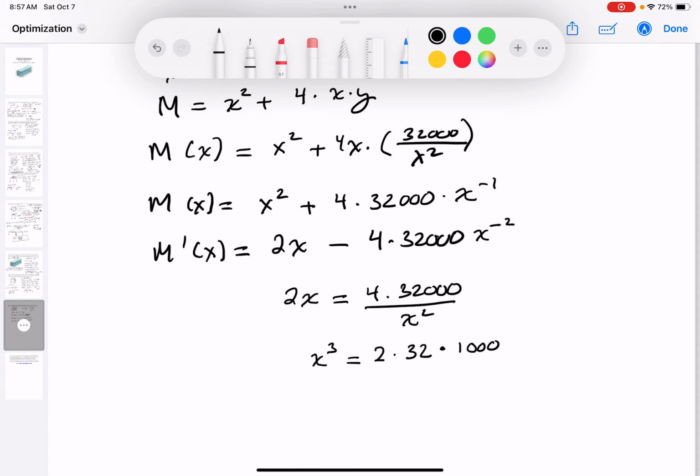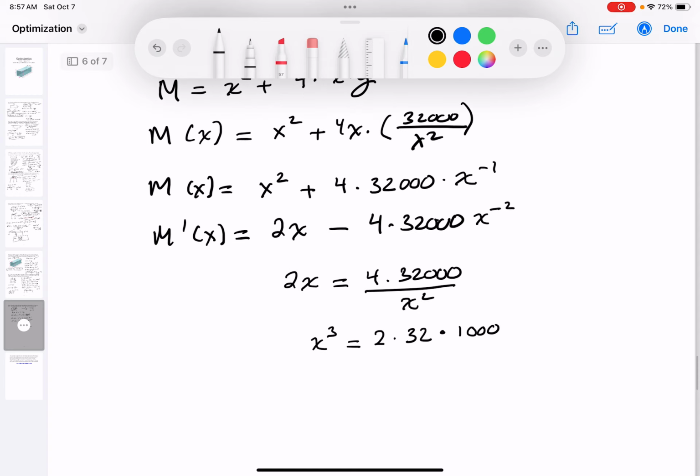Now I'll write that differently: x cubed equals 64 times 1,000. What would x equal? The cube root of that. The cube root of 64 is 4, because 4 times 4 times 4 is 64, and the cube root of 1,000 is 10. So that's going to be 40.